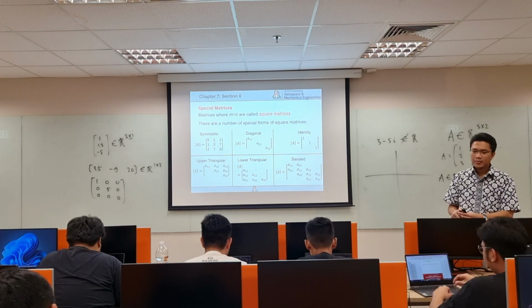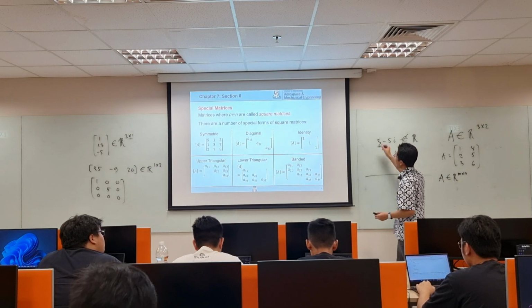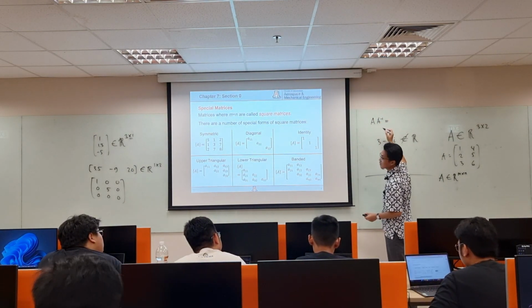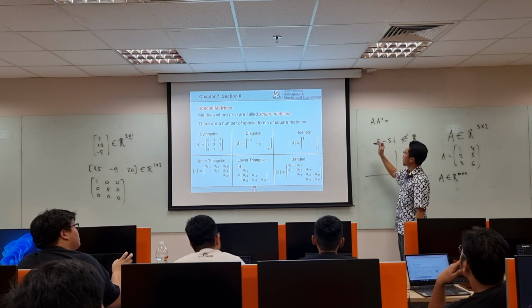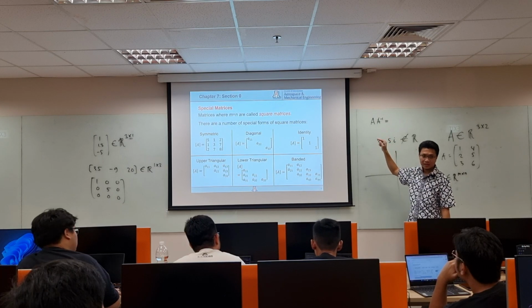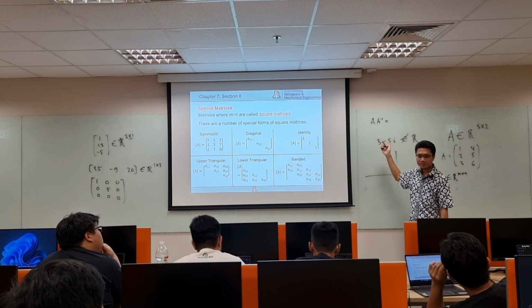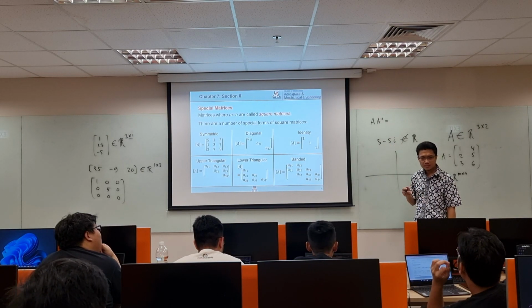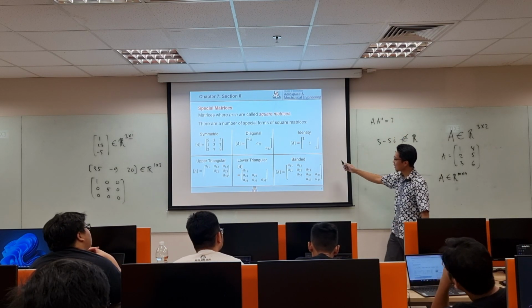Okay. Let's say matrix A. Suppose the inverse exists. If I multiply A with its inverse, what will I get? It is the identity matrix.